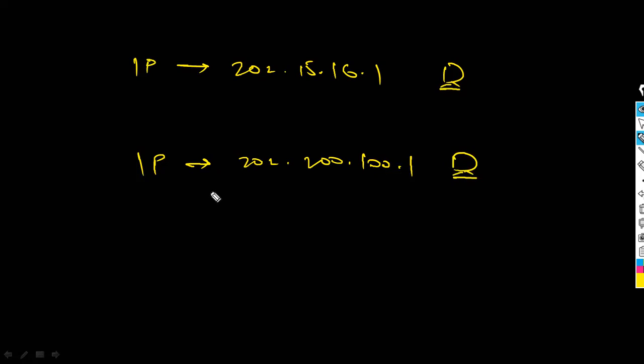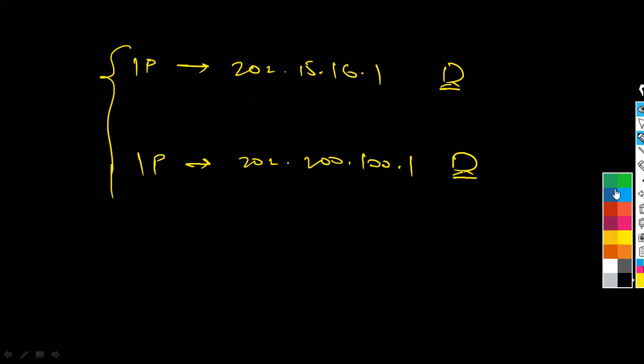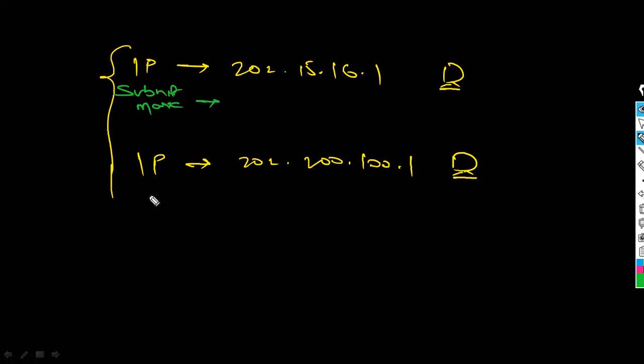And if someone asks me whether they both will communicate or not, whether they are in the same network or in a different network, right? So basically, without knowing the subnet mask, the question cannot be answered. No way to answer this question.